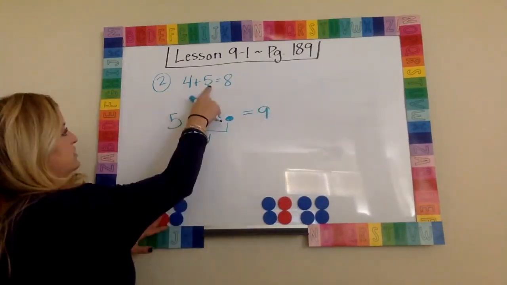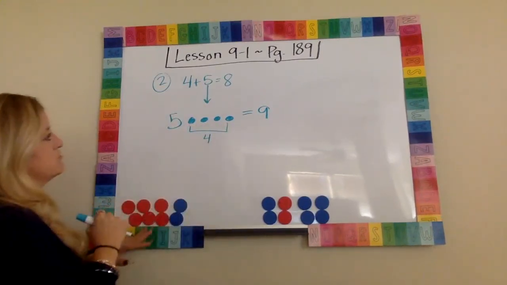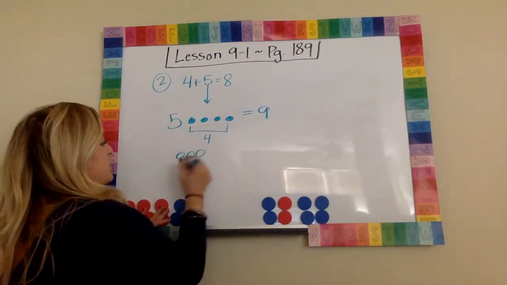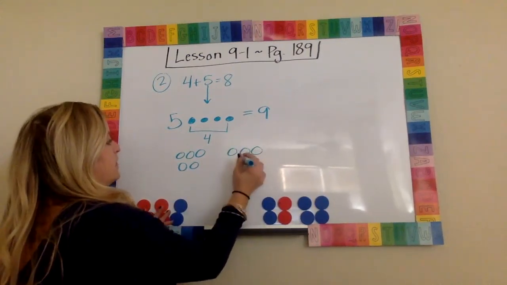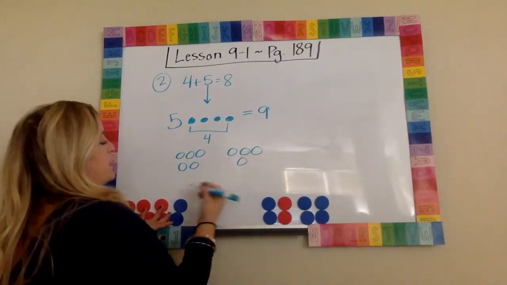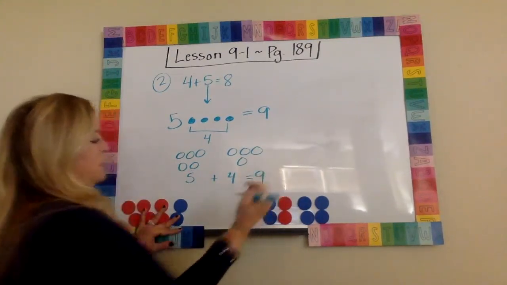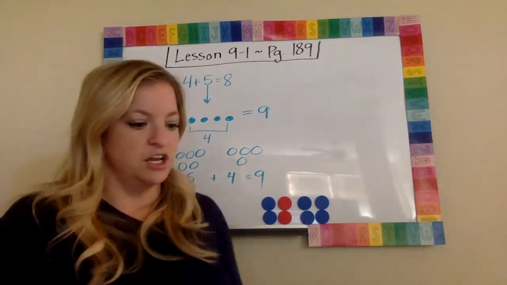So 5, 6, 7, 8, 9. Nope, 5 plus 4 is 9. Or I could do 1, 2, 3, 4, 5, 6, 7, 8, 9. Oh, I get 5 plus 4 equals 9. So Jun is not right.